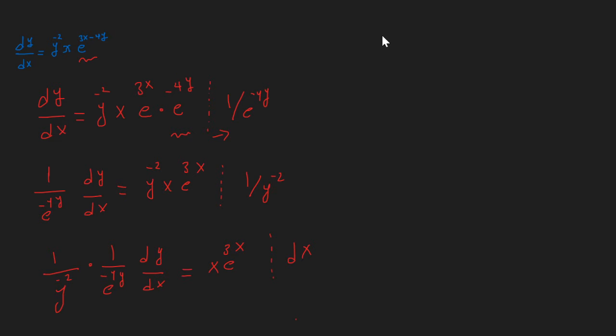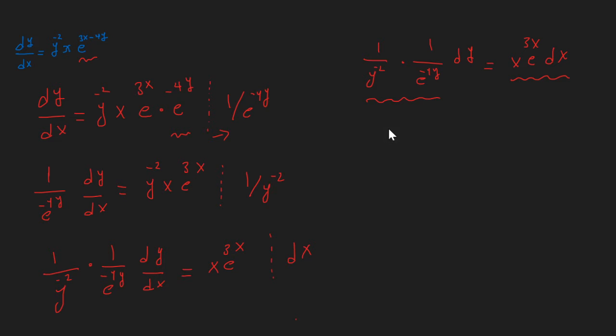So we will get 1 over y to the minus 2 multiplied by 1 over e to the minus 4y dy equals x e to the 3x, finally dx. So now we have separated the x variables from the y variables.